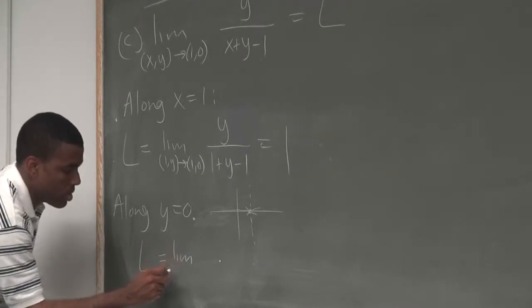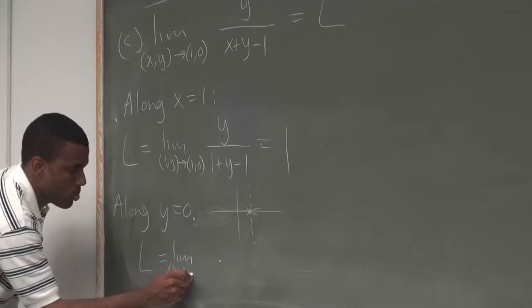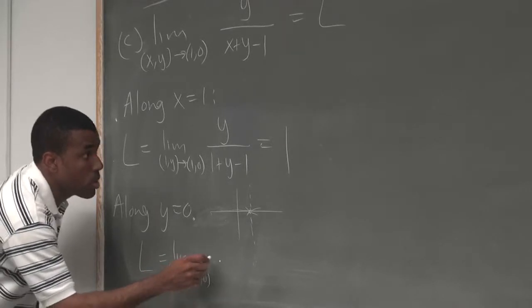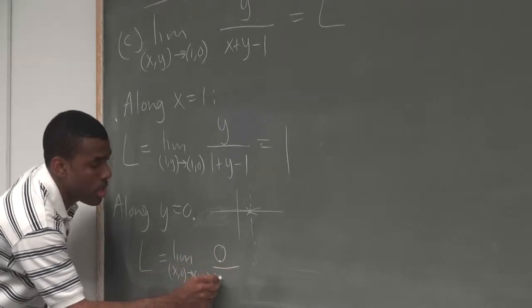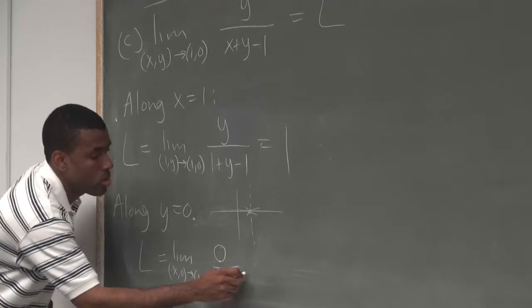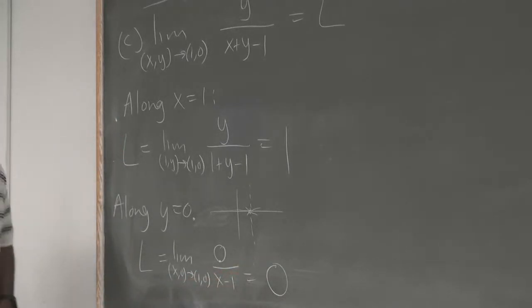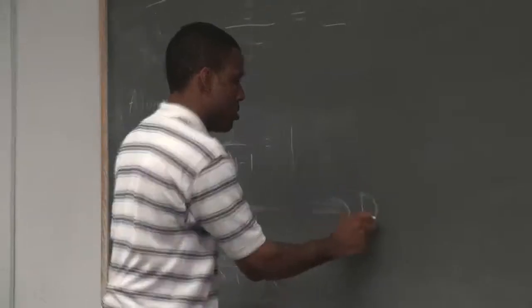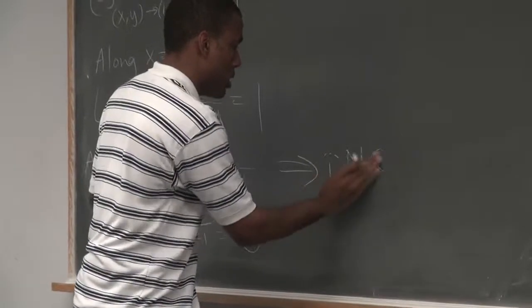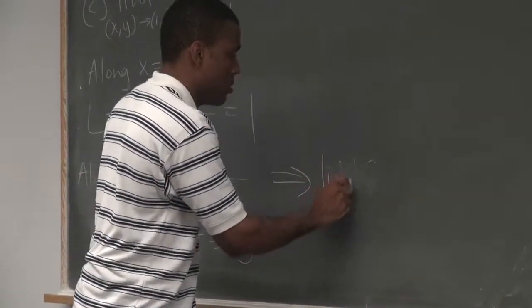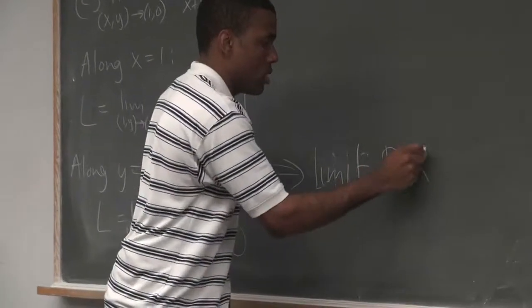So it's going to be the limit as (x, 0) approaches (1, 0) of 0 over x minus 1. This implies the limit does not exist.